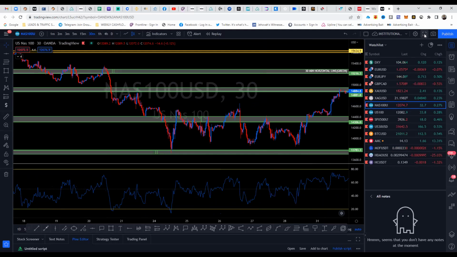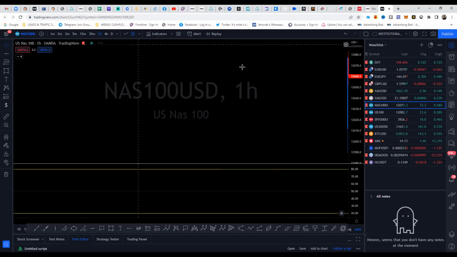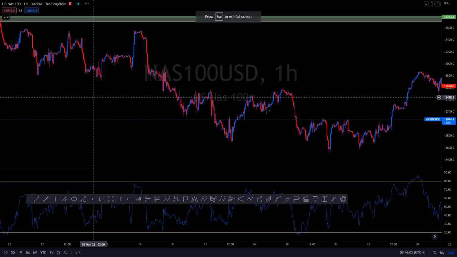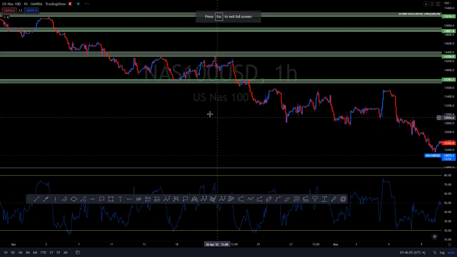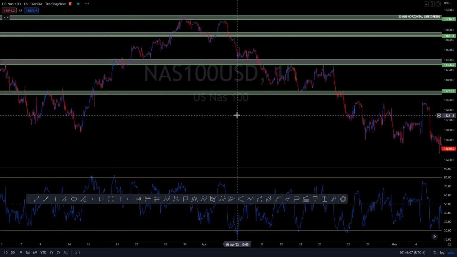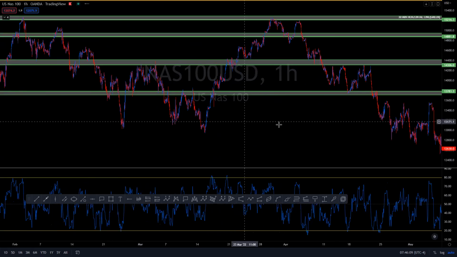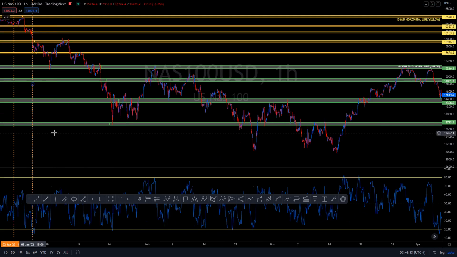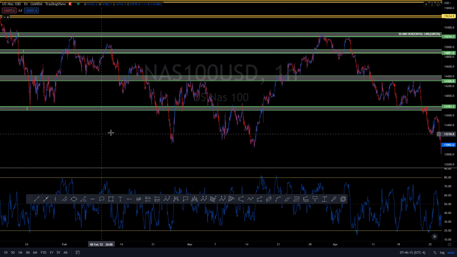So now I'm going to move on to the 1 hour. I see our last marked up 30-minute, and there's the vertical line.